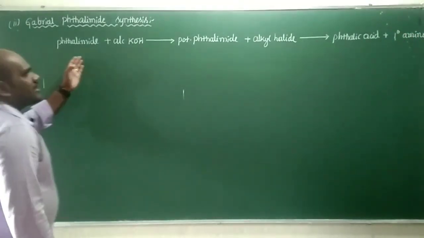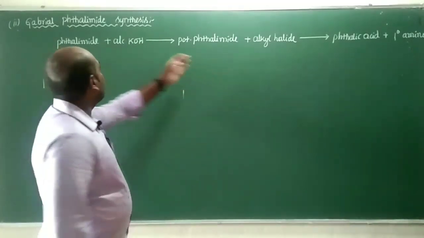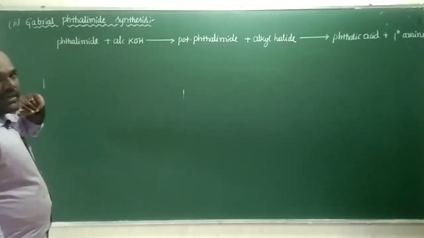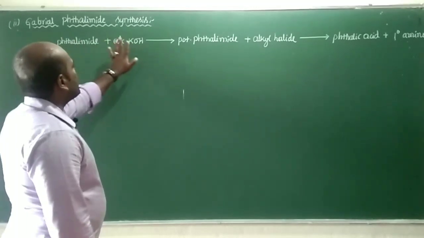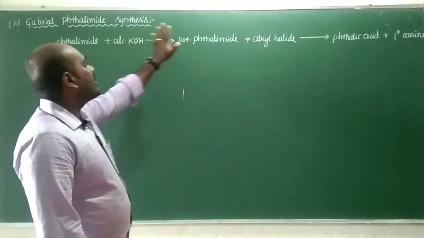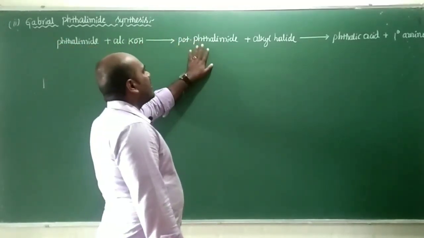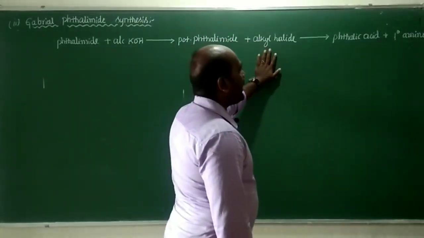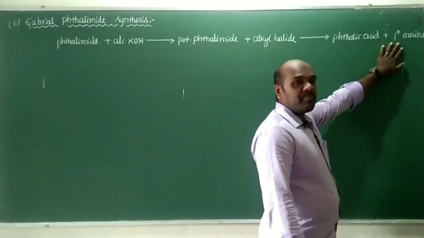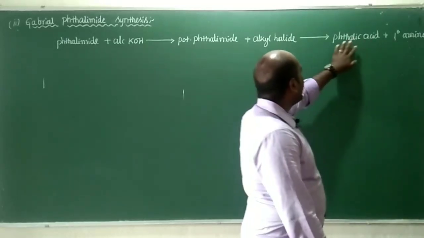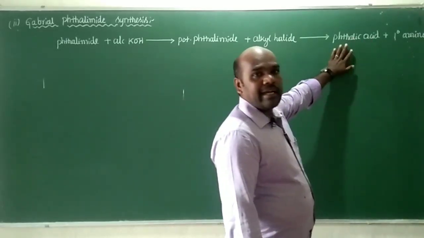So this is the reaction pathway of Gabriel phthalimide synthesis. Phthalimide will first be reacted with alcoholic KOH so as to get potassium phthalimide, which on reaction with alkyl halide gives primary amine as the major product along with phthalic acid.